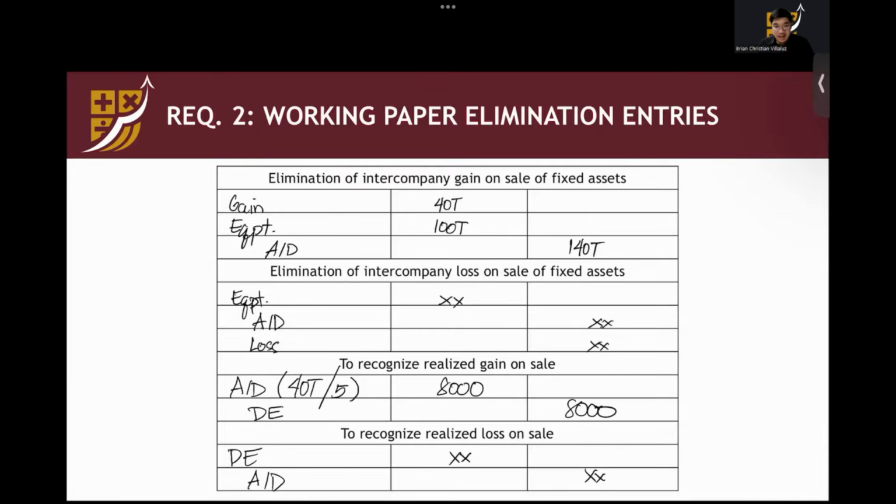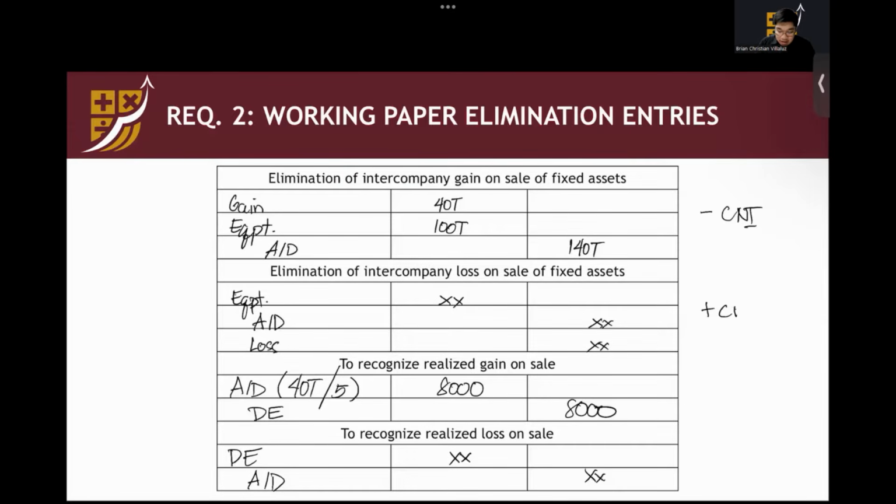Naintindihan? Okay? Ayan. So, lagyan lang natin ng mga summary concepts. So nung ineliminate yung intercompany gain, anong mangyayari sa consolidated net income natin? Bababa. Tama? Bababa yung consolidated net income. Pag nag-eliminate tayo ng loss, ano mangyayari sa consolidated net income?